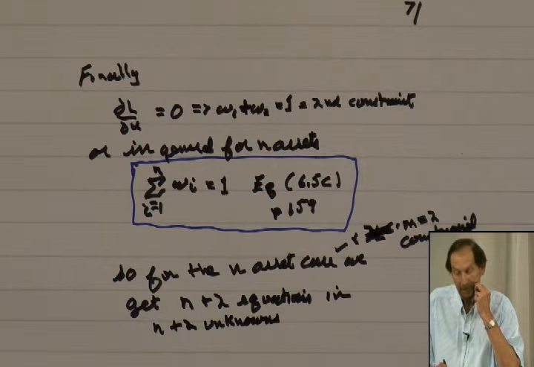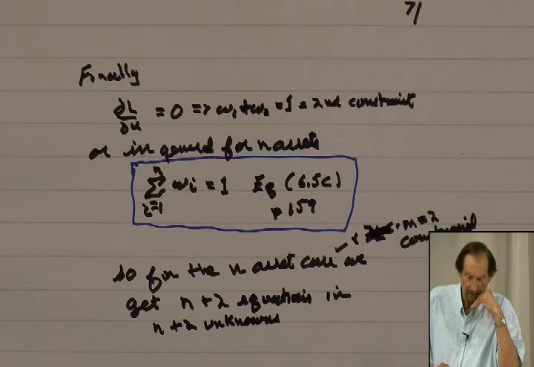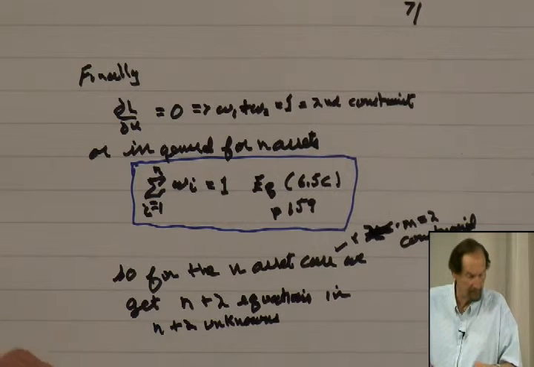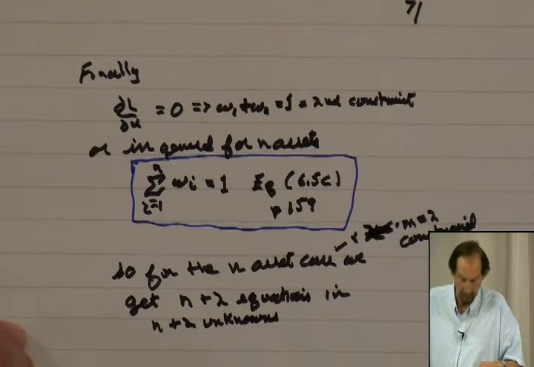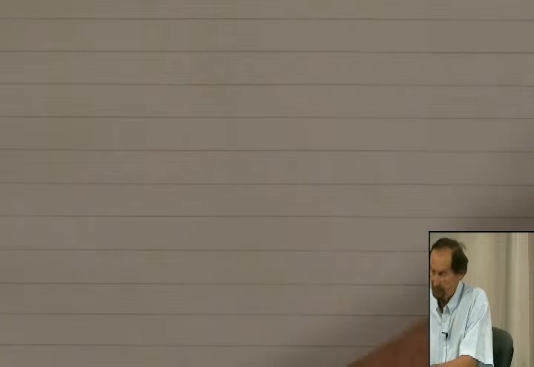If we had a general m, we would get n plus m equations and n plus m unknowns. So we can solve for this with no problem here. Good.